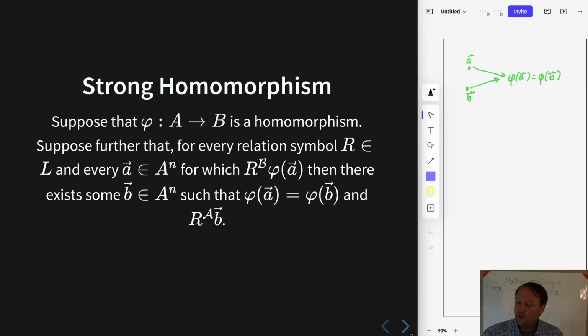And so we're saying that although we may see it as this and backtrack it to the vector A, we don't actually require that the relation in the domain structure hold on A, but just that it hold on some vector which also maps to phi of A. So it could be this other vector B, so long as the vector B maps to the same thing that A maps to. So this is the idea of a strong homomorphism.